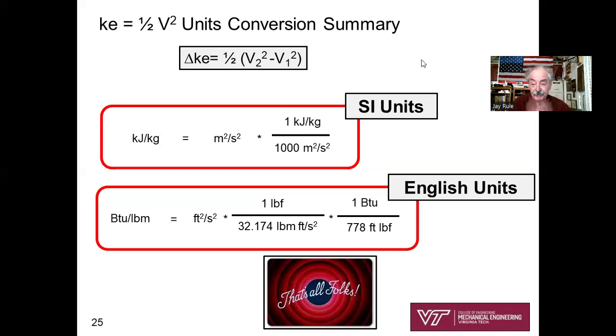That's the end of tip 5, and that is the end of the tips that came to my mind to help guide you as you go through the rest of this class, recognizing that units are just as important as the numbers, both in terms of engineering work and getting your analysis and design correct, and also getting a good grade in the class where you want to get full credit.